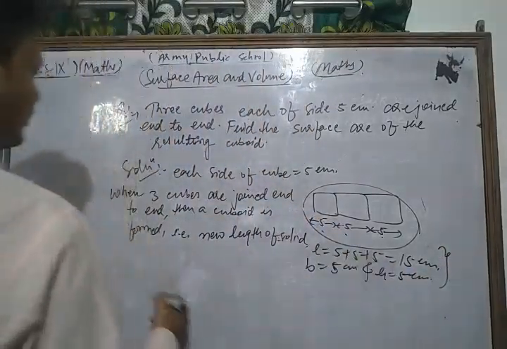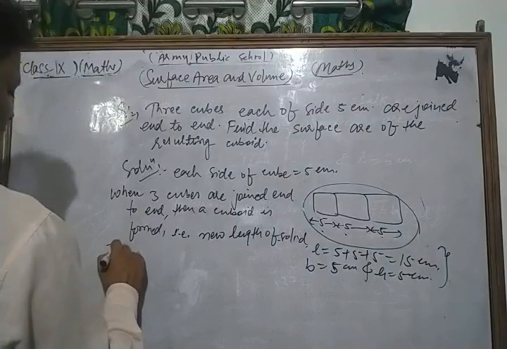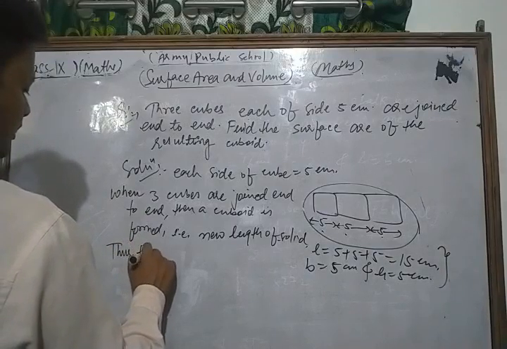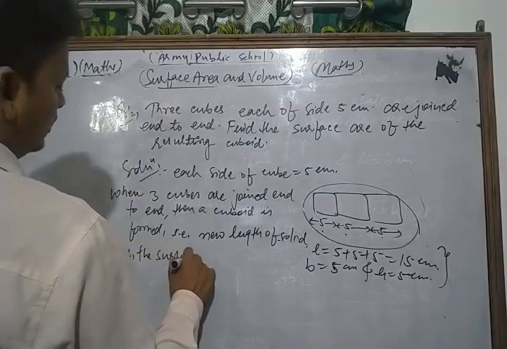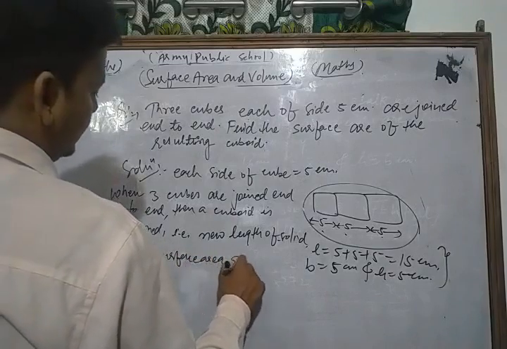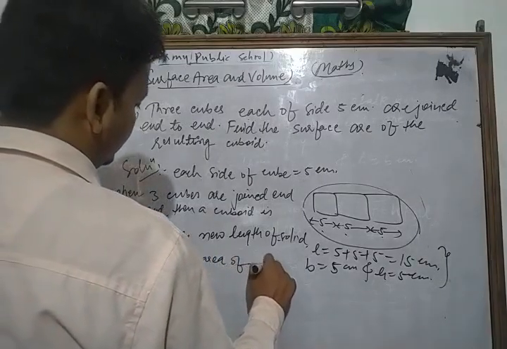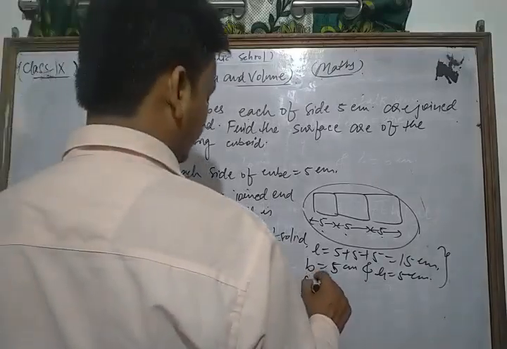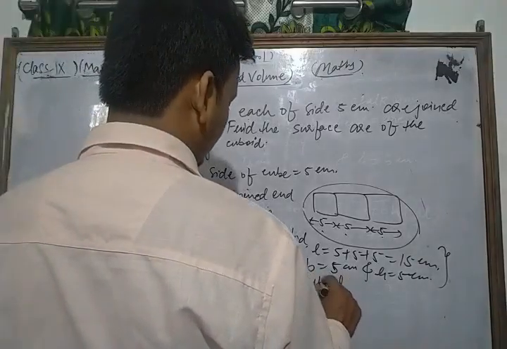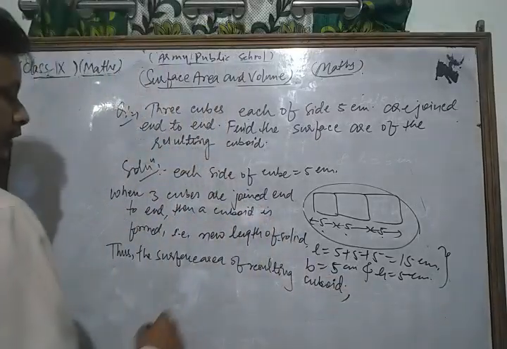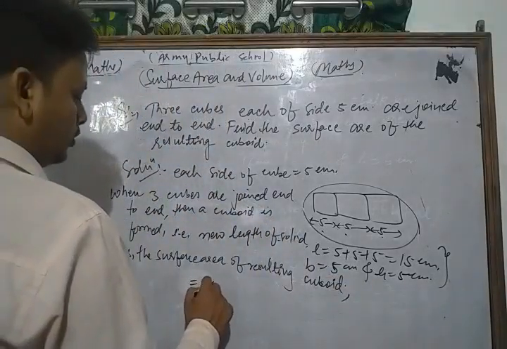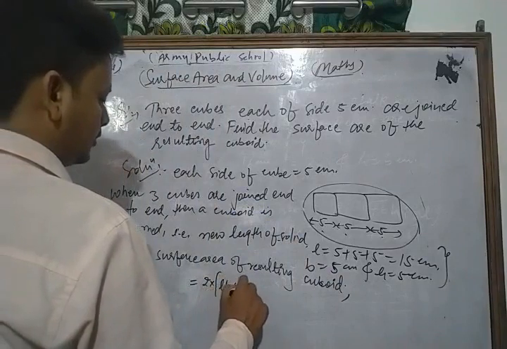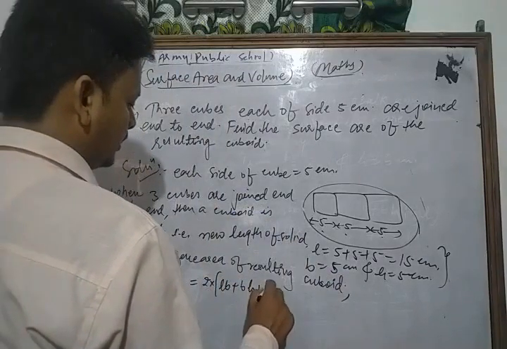Thus the surface area of the resulting cuboid is 2 into L into B plus B into H plus H into L.